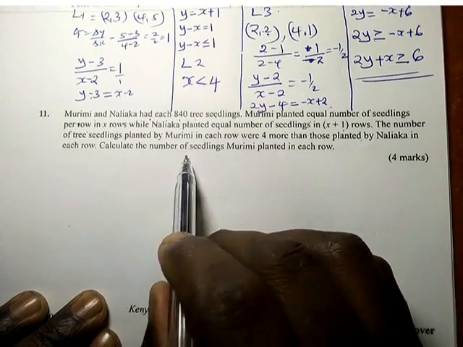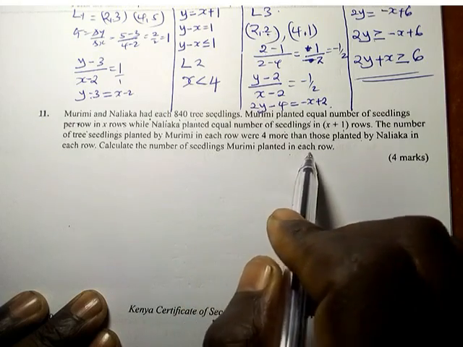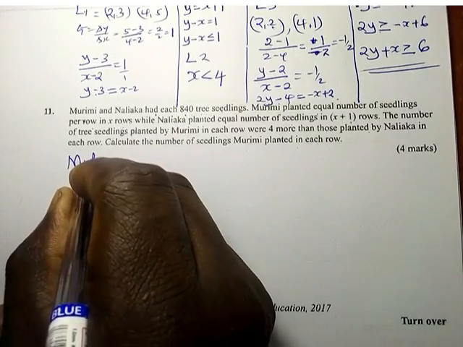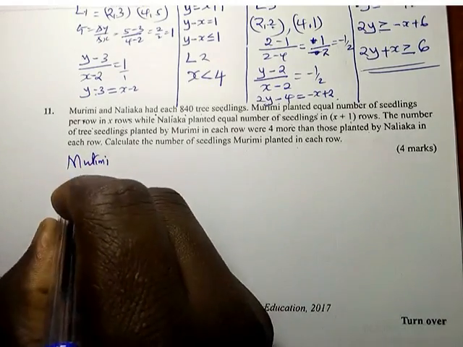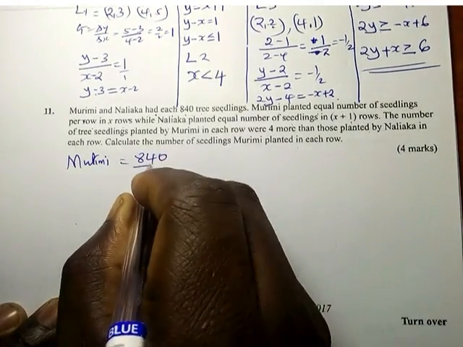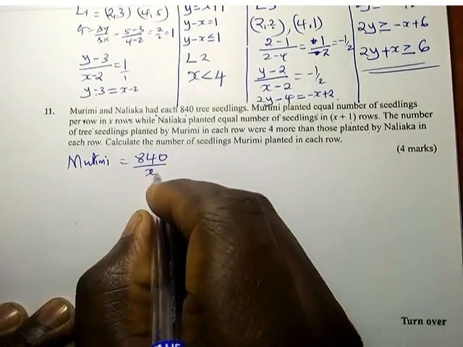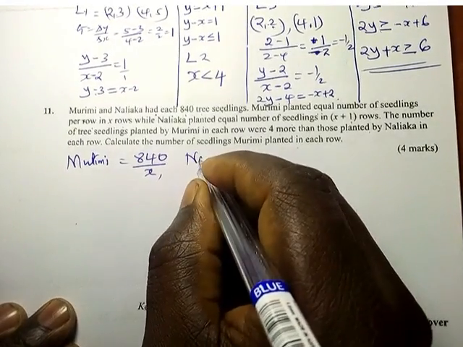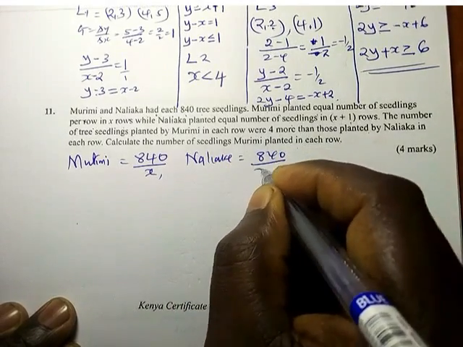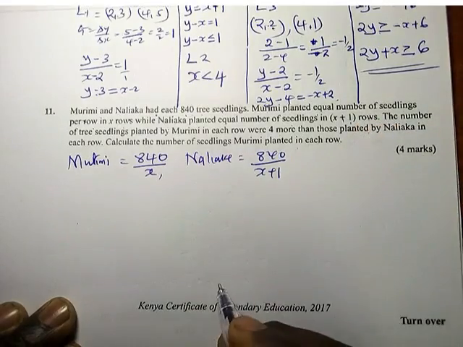Calculate the number of seedlings Mulimi planted in each row. So Mulimi planted 840 in x rows, and then Naliaka planted 840 divided by x plus 1 because she had x plus 1 rows.